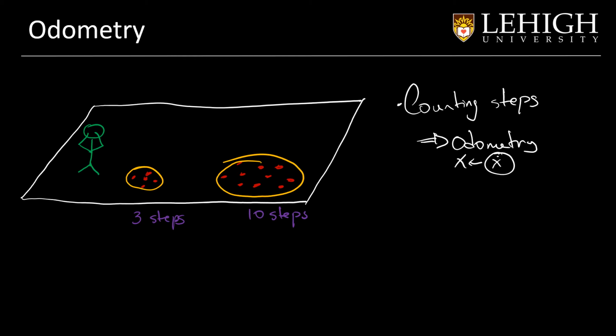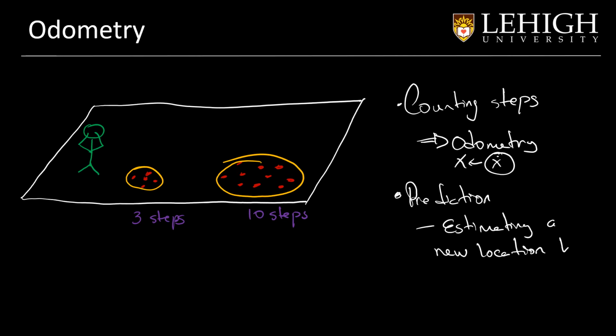So the goal of using this prediction is basically estimating a new location based on the control input. In mobile robots, we have something similar to counting steps that is based on odometry.